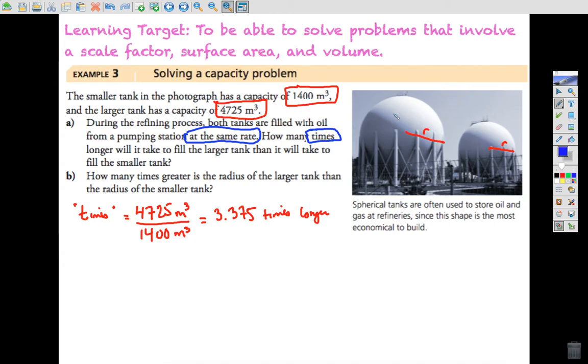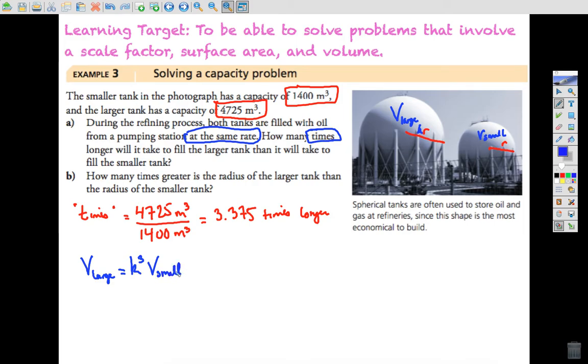Well, we know the volume of this one, so we'll call the volume of the large and the volume of the small. If we were scaling up from the small, the volume of the larger one is going to come from, if we have a scale factor of k, if this ends up being k times that r value, we talked about how the volume will actually have a factor of k cubed.